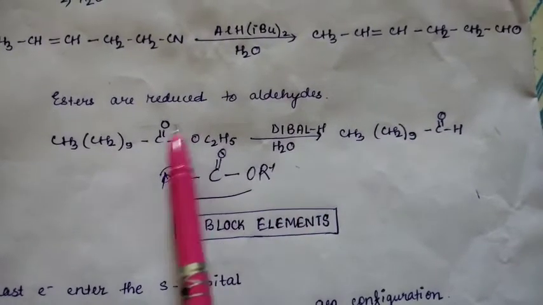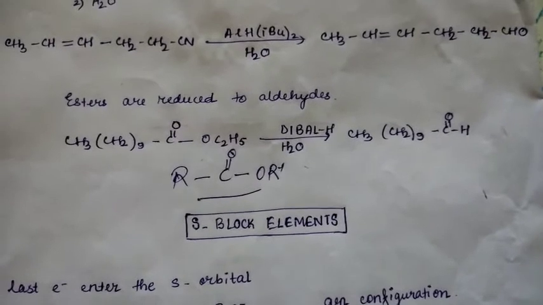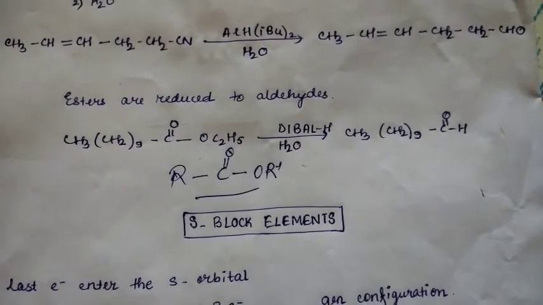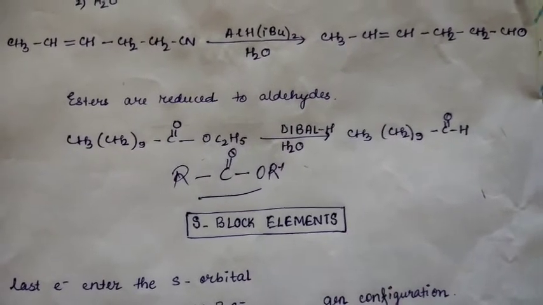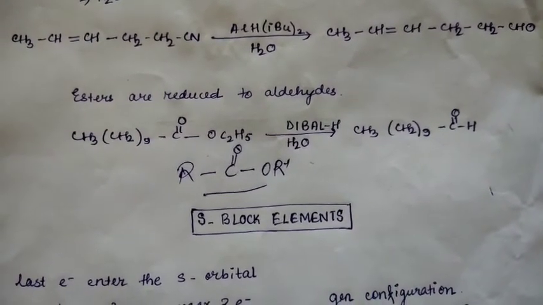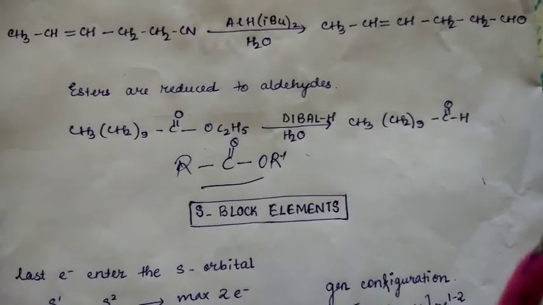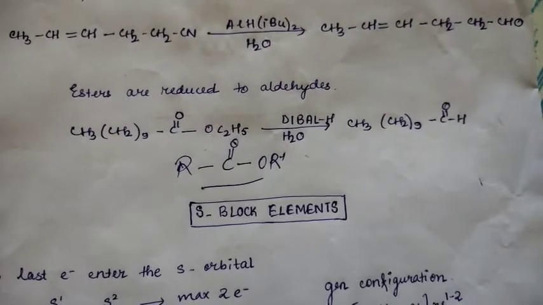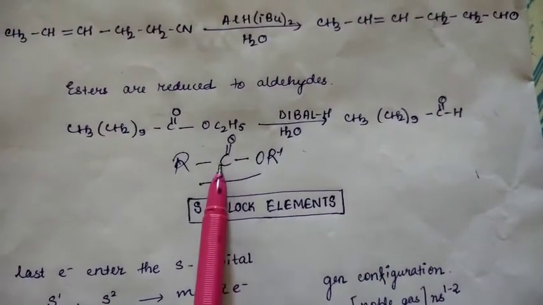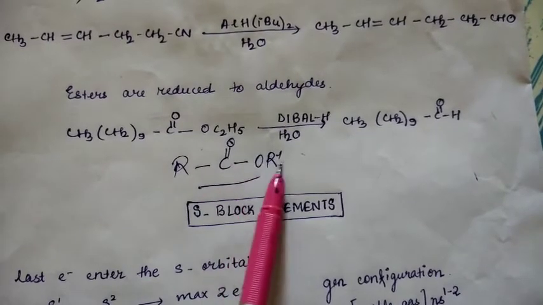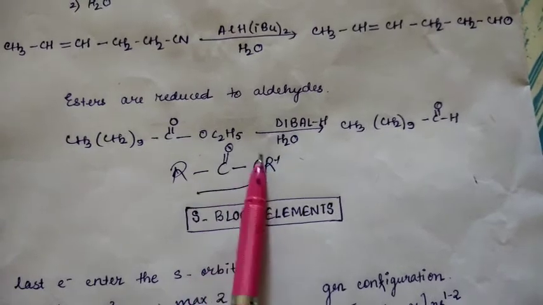What is changed? Only the ester site, meaning the part of the compound by which you know that this is an ester. When we say a compound is a nitrile, which part designates that it is a nitrile? Obviously the CN part, not the alkyl part, right? So here also this part, C double bond O R', is the active site, the site where the reaction is going to take place.